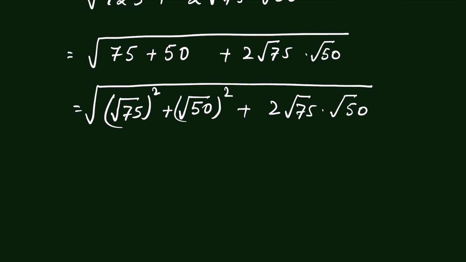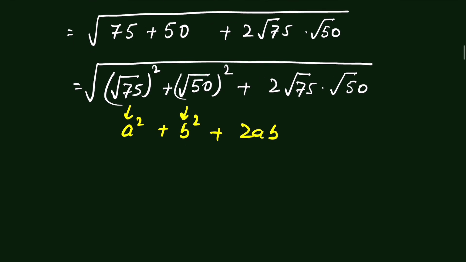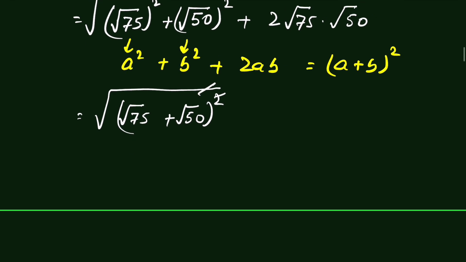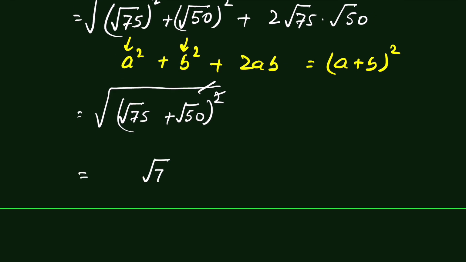Now this is in the form of a square plus b square plus 2ab. If you consider square root of 75 as a and square root of 50 as b, so this we can write it as a plus b whole square. So it is square root of 75 plus square root of 50 whole square under square root. Now remove the square root with the square. So we have square root of 75 plus square root of 50.